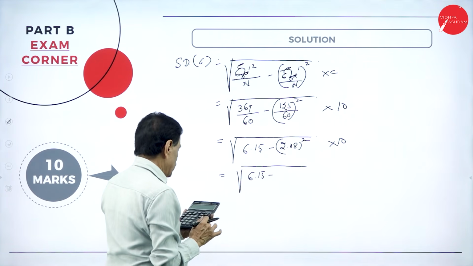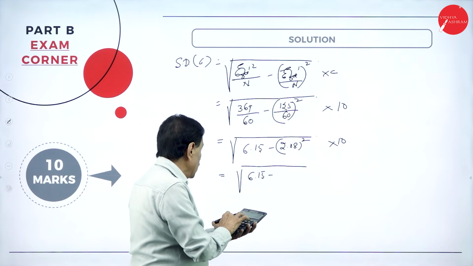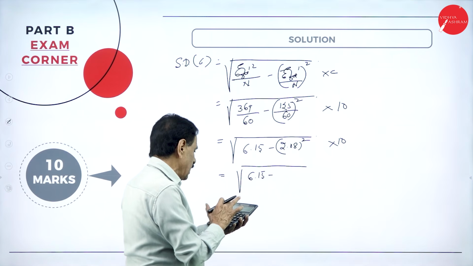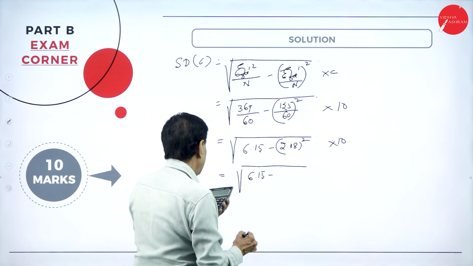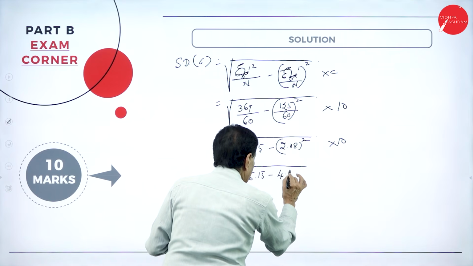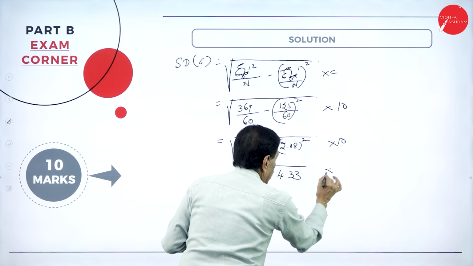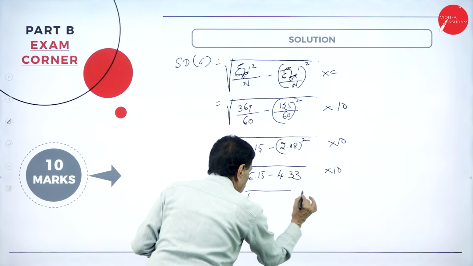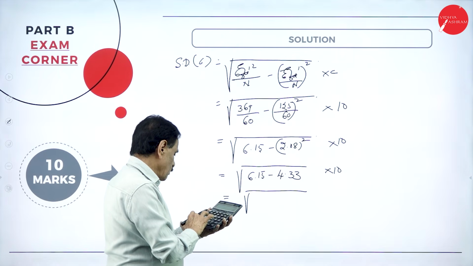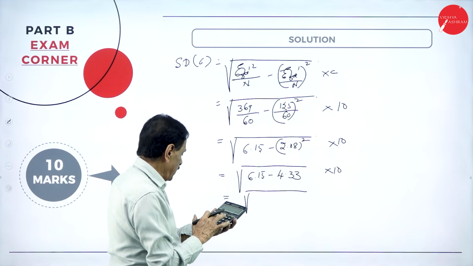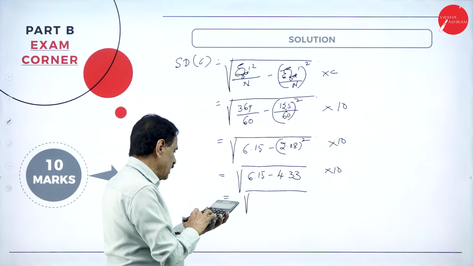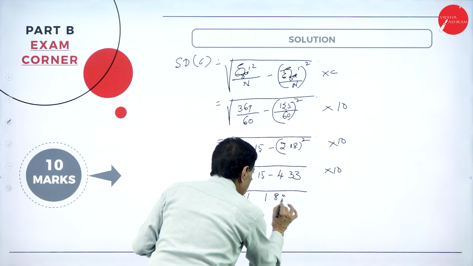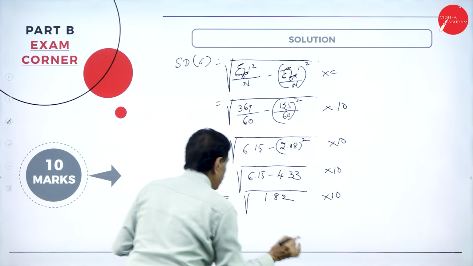Root of 6.15 minus 2.08 into 2.08, that is 4.33, into 10. Root of 6.15 minus 4.33, that is 1.82, into 10.